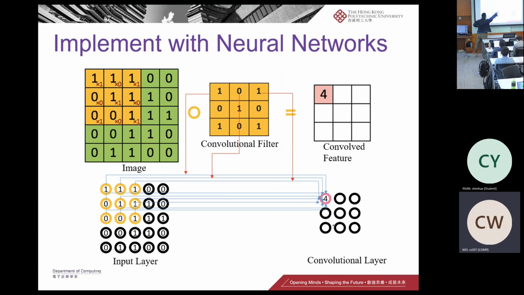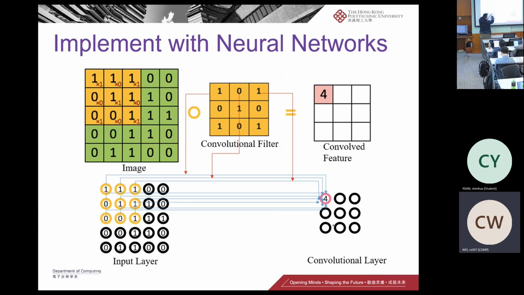The weights on the filters serve like the weights on the links, on the edges, right? It's something like you link these to one single neuron in the next layer.